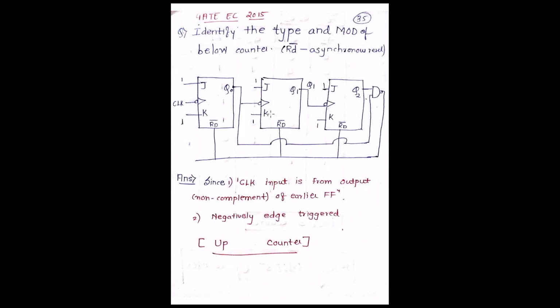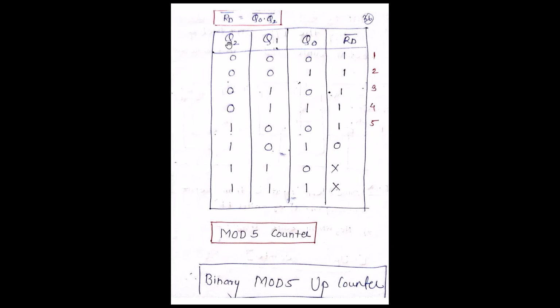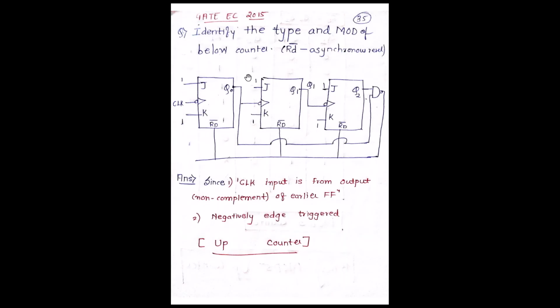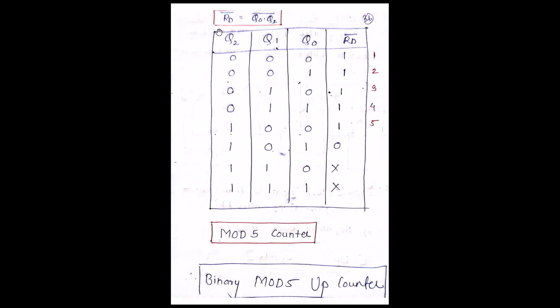So if it is an up counter, what is the value of the up counter? So what we are going to do is that Q2, Q1, Q0 and RD bar, we are going to start from 0, 0, 0, 0 to 1, 1, 1, 1. And if you see, the RD bar is equal to Q2 dot Q0 the whole bar, right? So just keep on substituting the value over here for different values of Q2 and Q0 for RD bar.